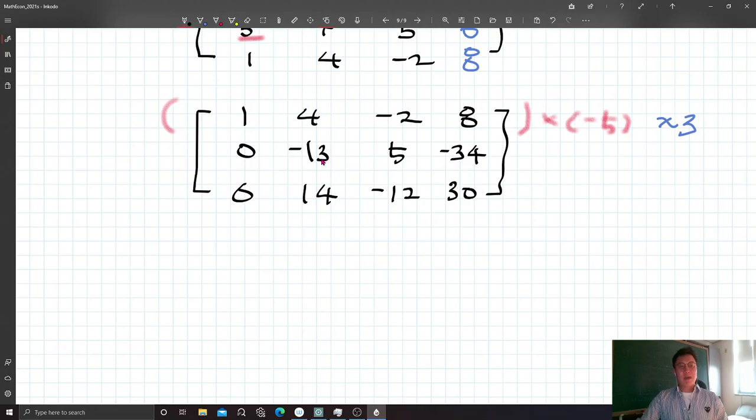And how do we make this negative 13 into 1? Because we have 14 in the last row, we can simply add the third one to the second.